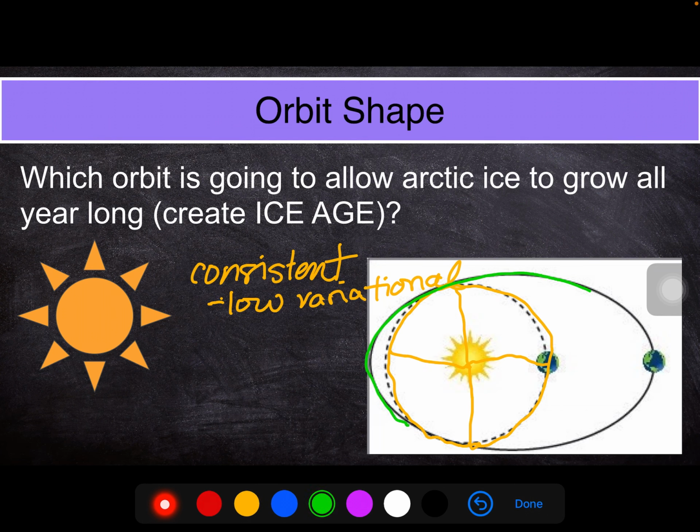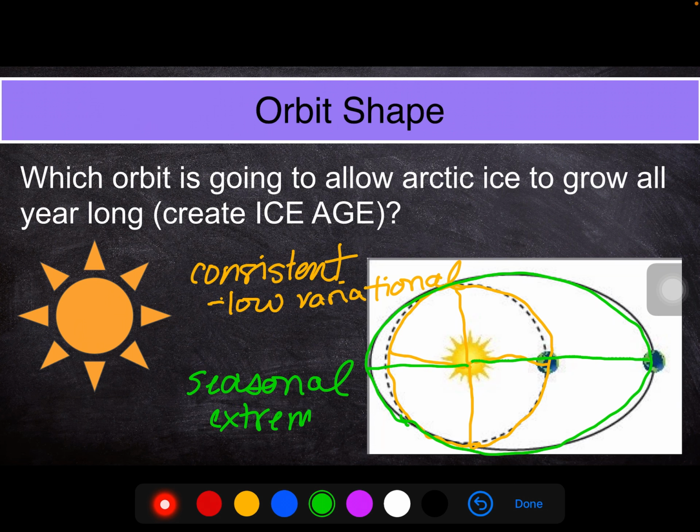When the Earth is in the elliptical or the oval shape, there's of course times where the Earth is far, times when the Earth is close. And so we called that having seasonal extremes, right? Seasonal extremes.